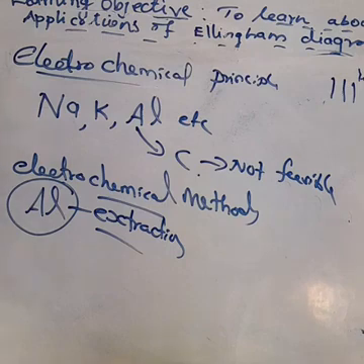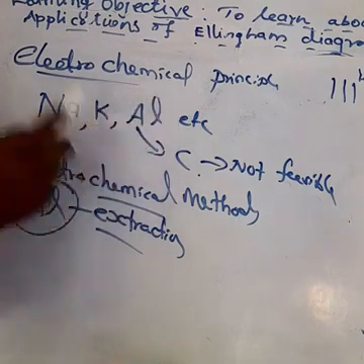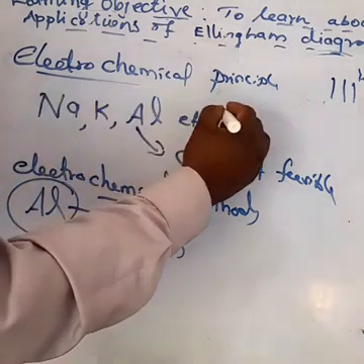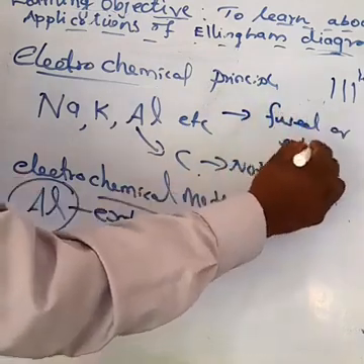What is the technique we are applying here? A metal salt, for example aluminum, or we can take another metal, maybe copper, silver, gold, zinc, etc. Any one metal salt is taken in a fused form or the solution form.